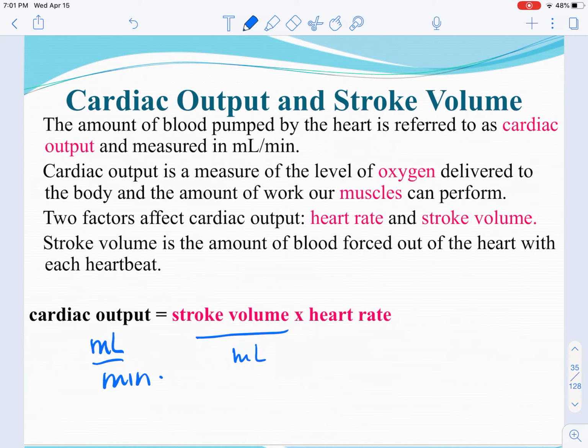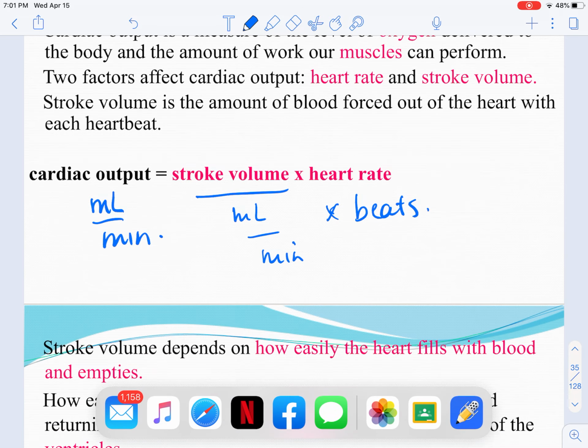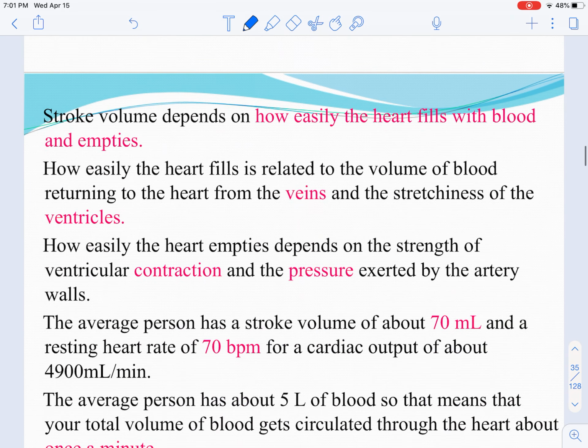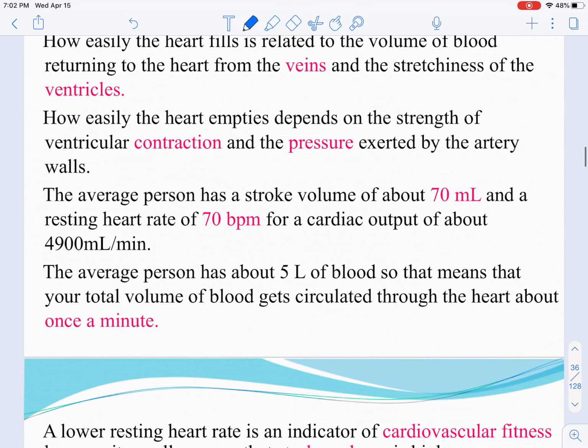And we also look at your heart rate, how many times it beats. So when you multiply those two things, you'll get your cardiac output in milliliters per minute. The stroke volume will depend on how healthy that heart is.